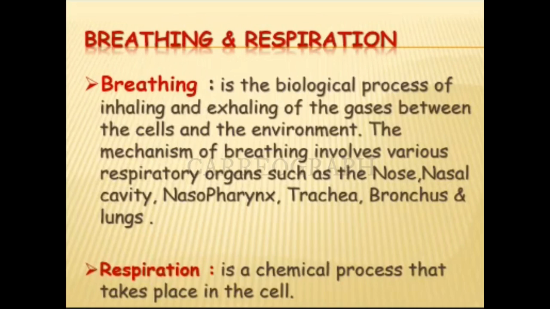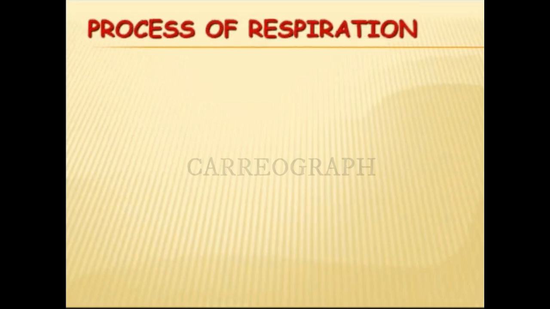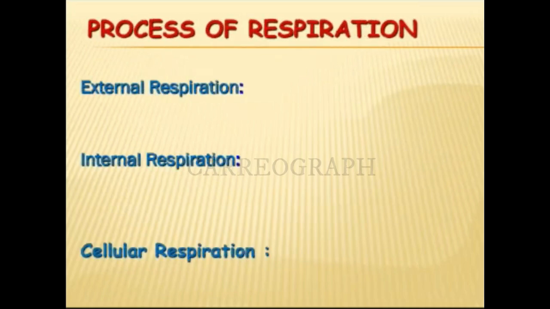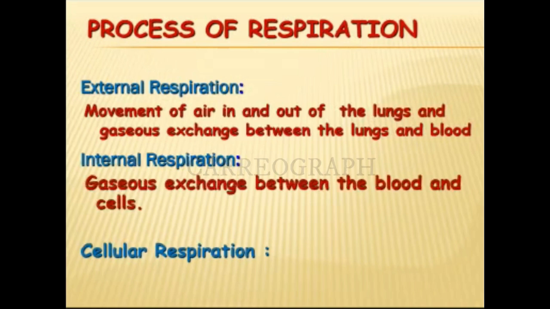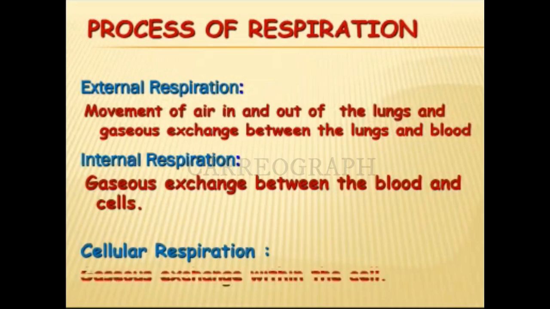The process of respiration involves external respiration, internal respiration and cellular respiration. External respiration is the movement of air in and out of the lungs, and the gaseous exchange takes place between the lungs and the blood. In internal respiration, the gaseous exchange between the blood and the cells takes place, and in cellular respiration the gaseous exchange within the cells takes place.